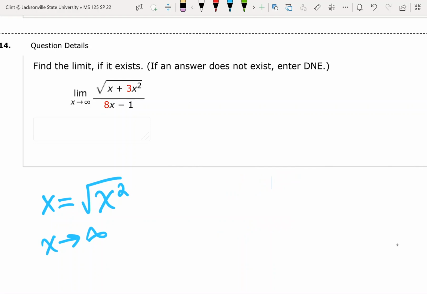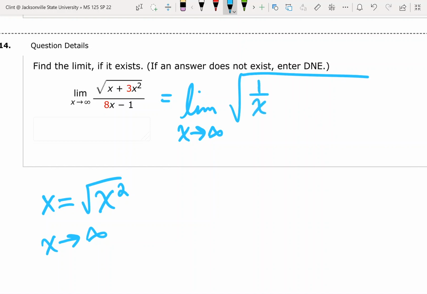So in the top, inside the radical, we're going to divide everything by x squared. x over x squared, 1 over x. And then 3x squared over x squared, 3. In the bottom, since we're not in the radical, we'll divide everything by x. So 8x over x, 8, minus 1 over x.